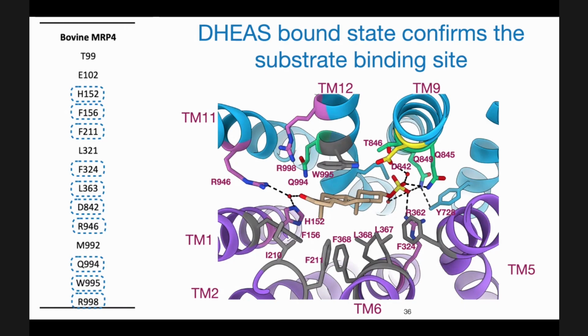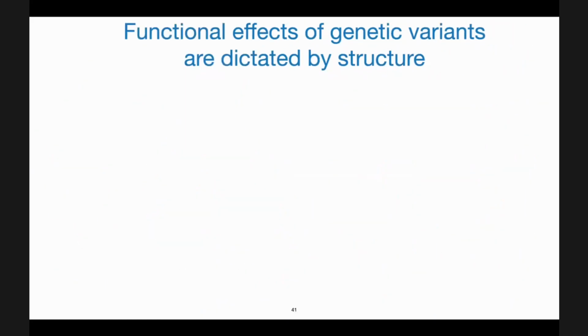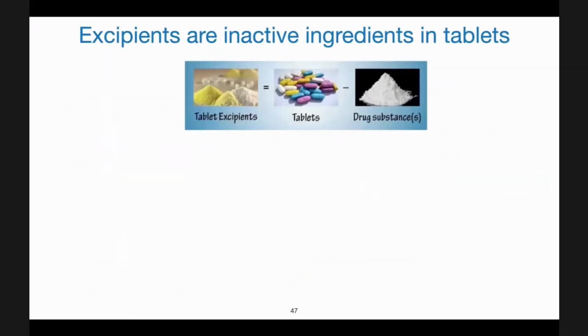Can you generalize that method to other molecules? Like, do the same set of excipients also inhibit other molecules? Is the method generalizable, I guess, is what I'm asking.